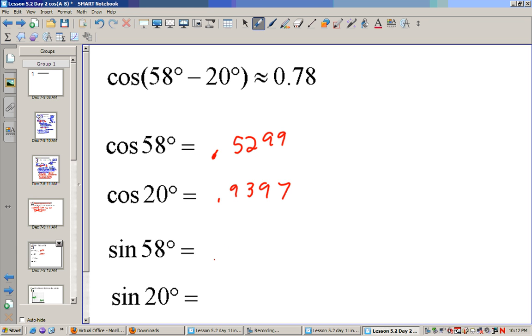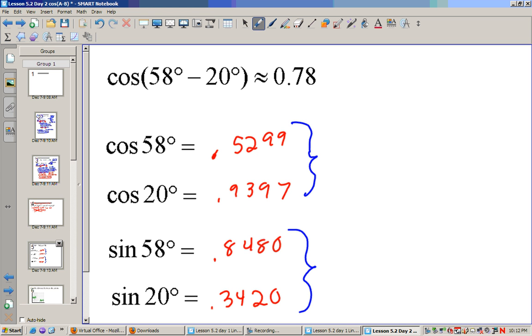Sine of 58 is 0.8480. And sine of 20 is 0.3420. Well, if you look at these values, trying to get 0.78 would be kind of tricky. Well, what if we multiply these two and then multiply these two?